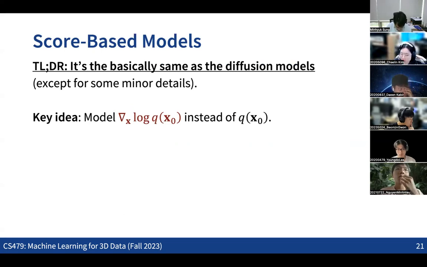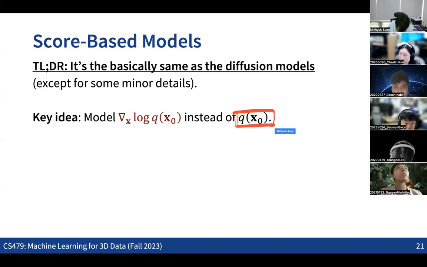In the VAE case and some other previous generative model cases, the goal was to directly model the data distribution, right? This is the probability density function, in terms of how likely each data point is to be a point of the real data. So we wanted to directly model this data distribution.